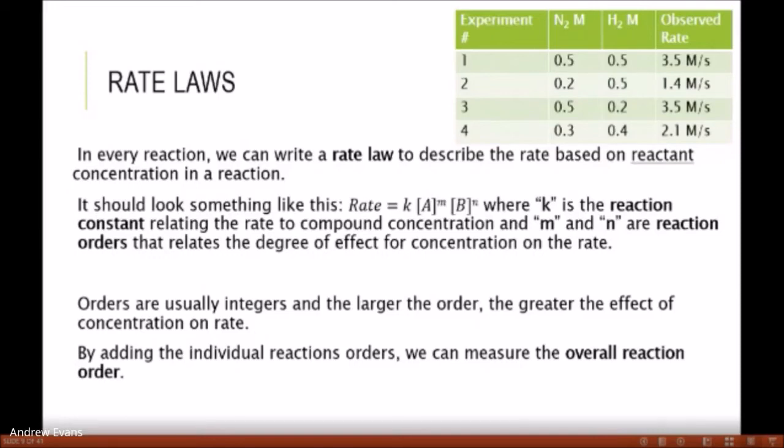If the reaction order is 2, the higher the concentration, the larger the effect on the rate, because it's the concentration squared. If we add all the individual reaction orders together, we get what's called the overall reaction order. So we're actually going to determine some of these based on experimental data.